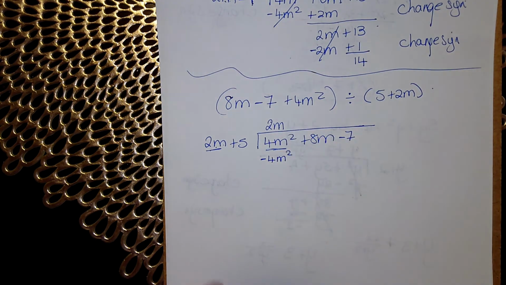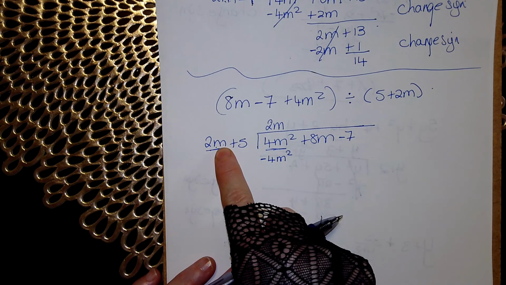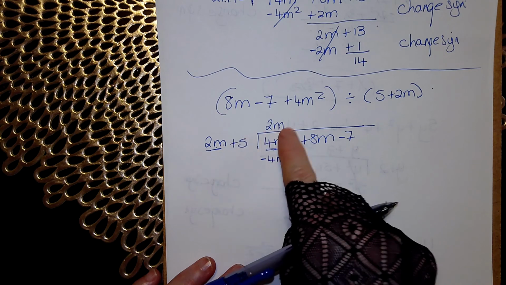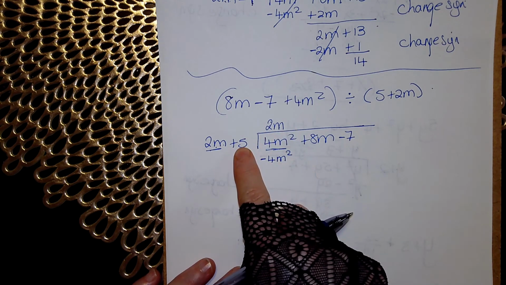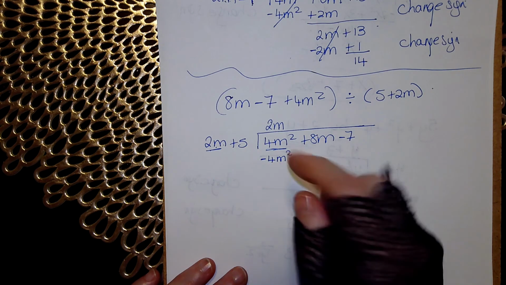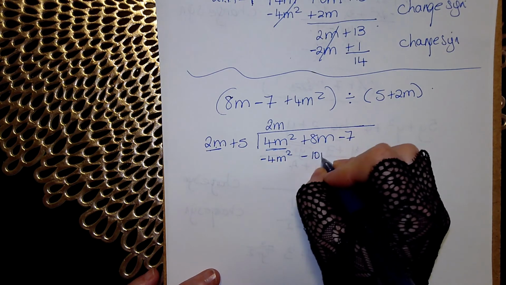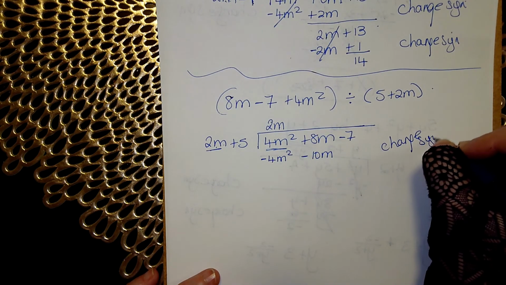So I know I did that. So if I take 2m and I multiply it by the first term, in algebra everything's balanced. I've got to take the 2m and multiply it by 5. So 2m times 5 is 10m. But again, we are going to change the sign, so just get that every time you do this, you change the sign.